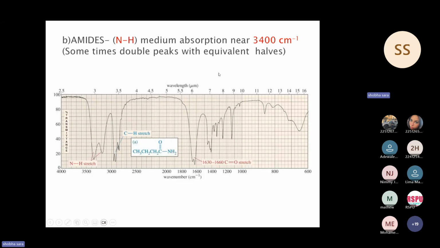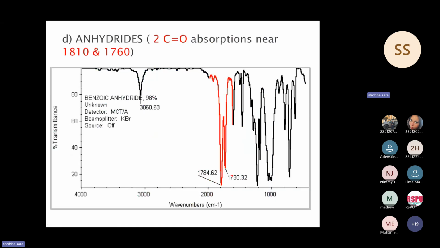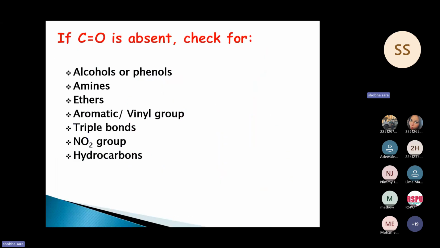If there is a strong absorption at 3400, similarly, we can find out esters, anhydrides, aldehydes, and if all of these groups are not present and only the C=O is there, we can say it is a pure ketone. Similarly, if ketone is absent, you can find out whether it is alcohol, amines, ethers, aromatic, triple bond, whatever.